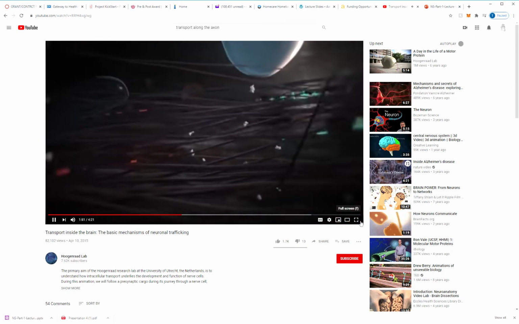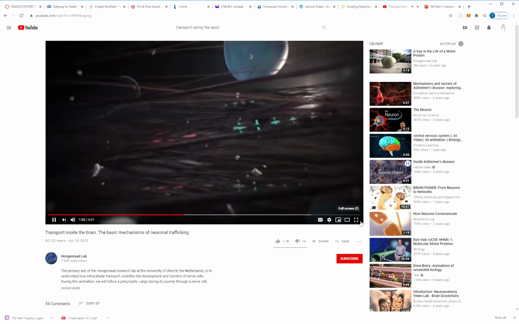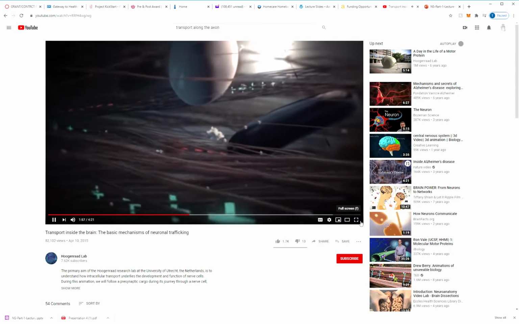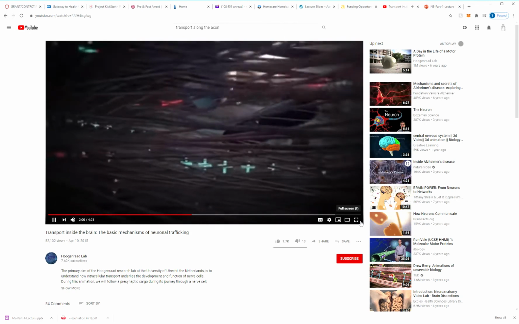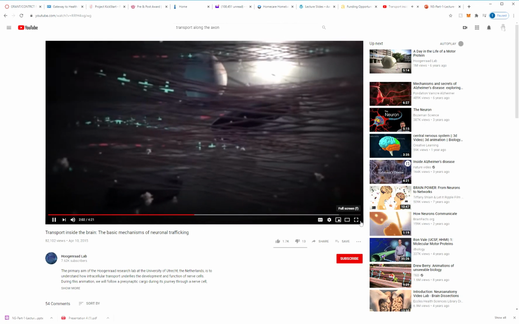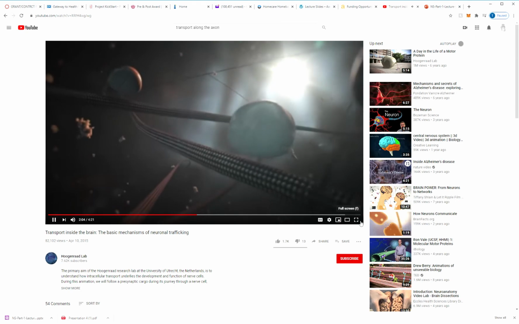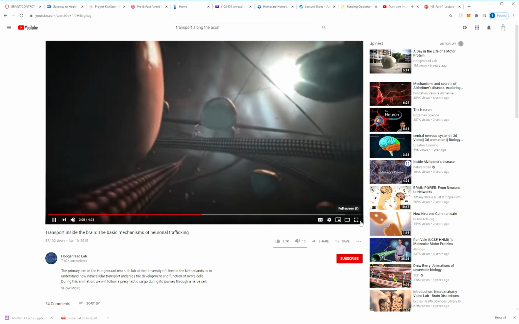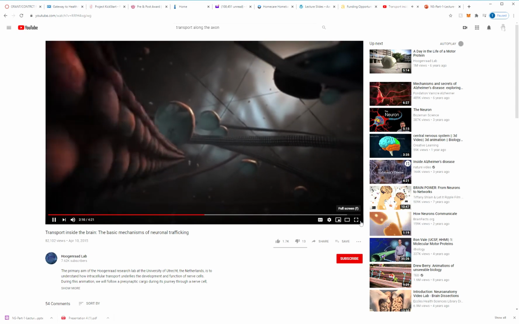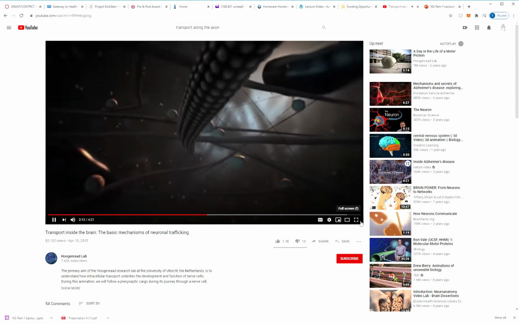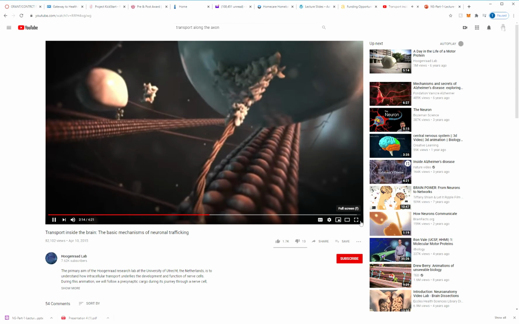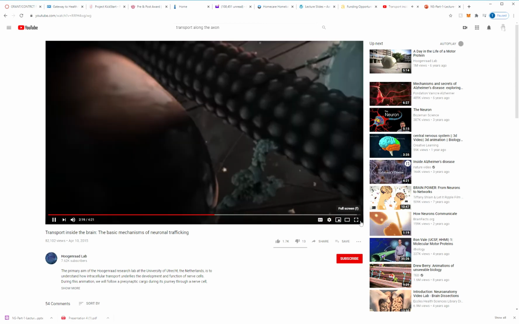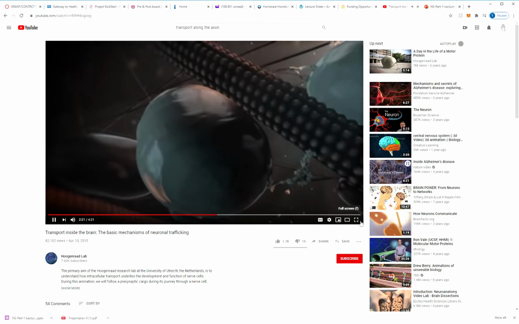So any second now, I think we'll see some vesicular transport by motor proteins. Here we go. So there's dynein and kinesin. These are two different proteins that carry vesicles in opposite directions. Some carry proteins down the axon, some carry up, and they utilize ATP hydrolysis to change shape and drag vesicles filled with neurotransmitter.